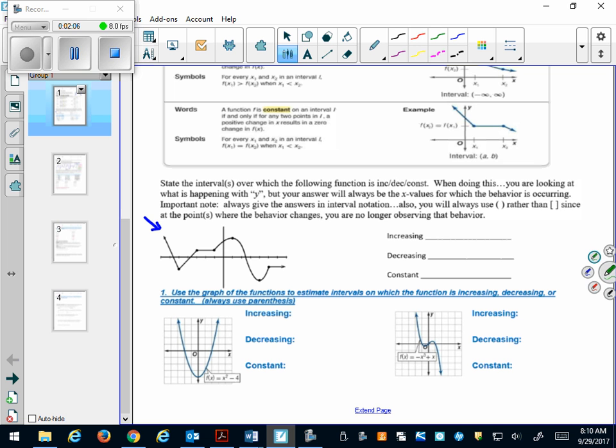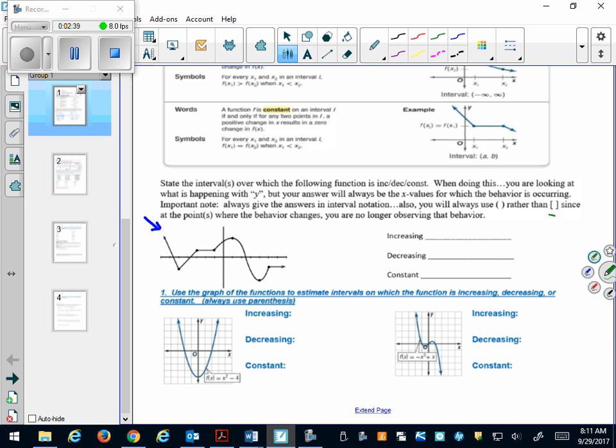The thing you want to realize is that you're not going to use brackets ever if there's a question about increasing, decreasing, or constant. Because at those endpoints, you're really not seeing that behavior anymore, right? It's not increasing at that point. So that's why we're always going to use parentheses, even with our interval notation, even when it's a solid dot.